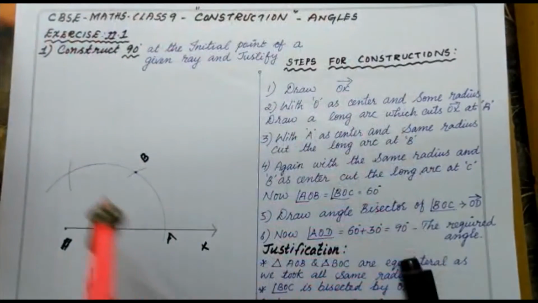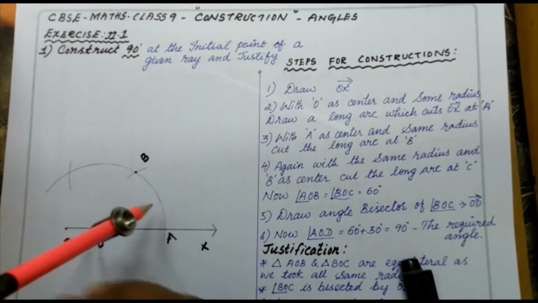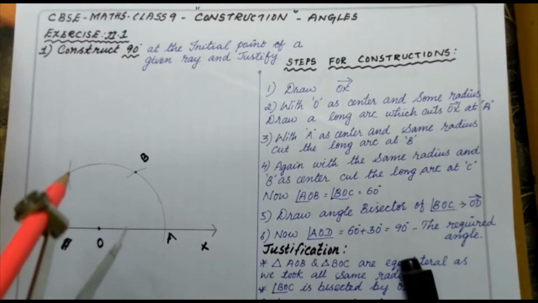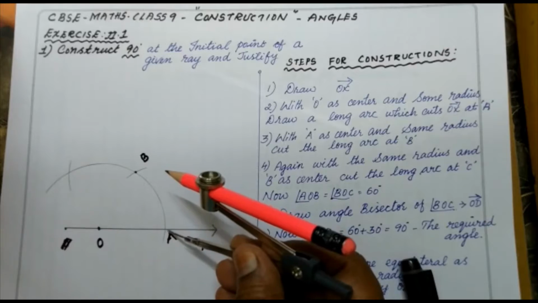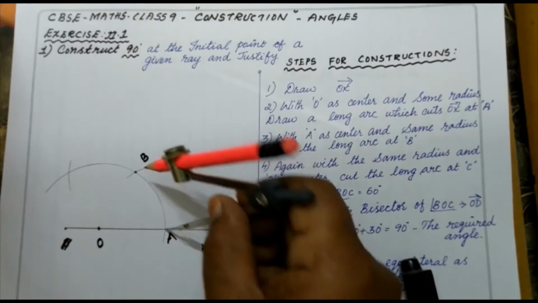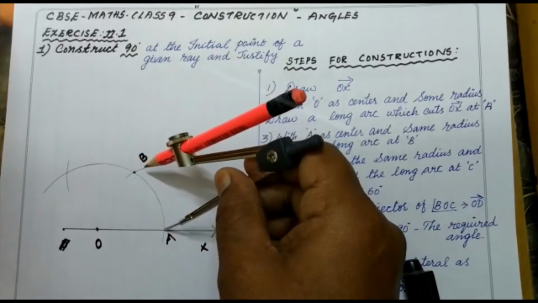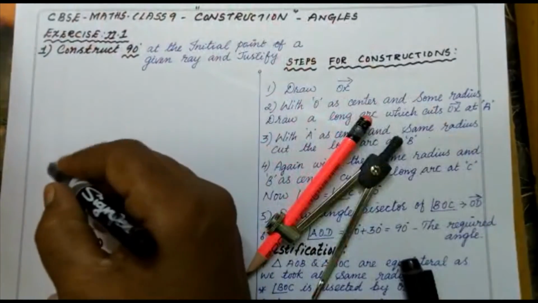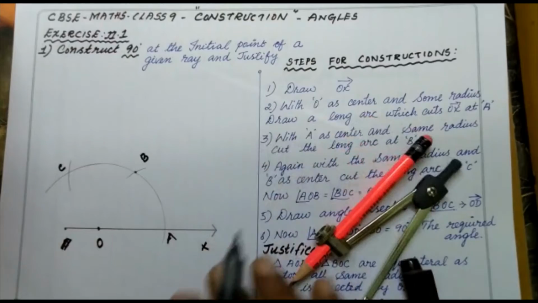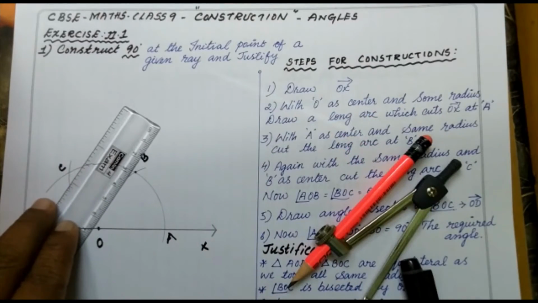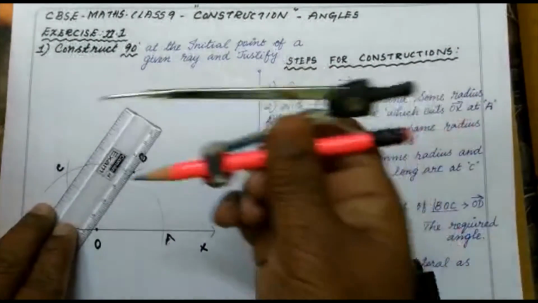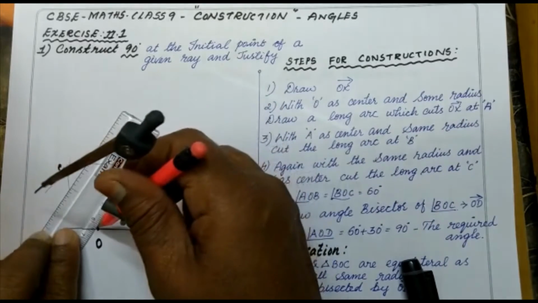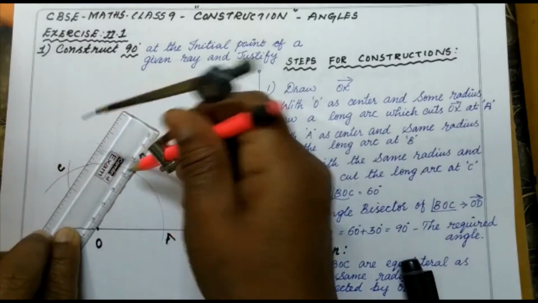What did I do? With O as center, I have drawn a longer arc without changing this radius. Where the arc cuts OX, that is A. From A, I cut one point, that is B. From B, I cut one more point, that is C. Now, you all know B and O along with A is 60 degree.